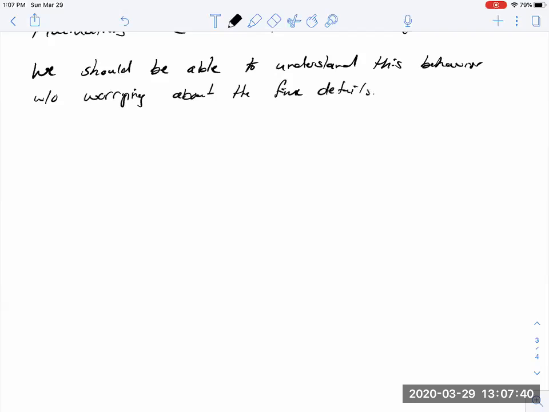And so that's what we're going to try to do for the remainder of lecture, is introduce a simple model bereft of all molecular details that will nevertheless give us a lot of insight into what's happening. Let's introduce this model.